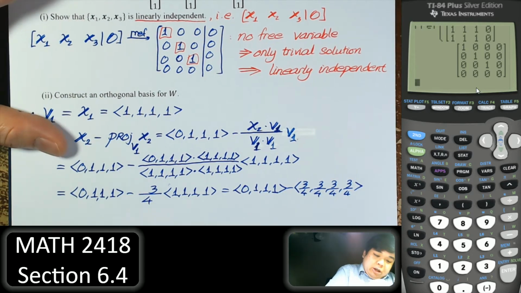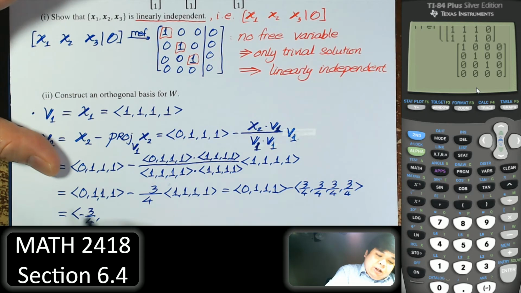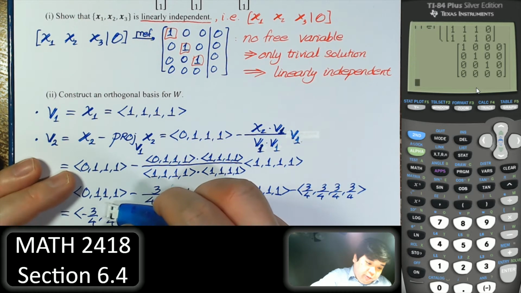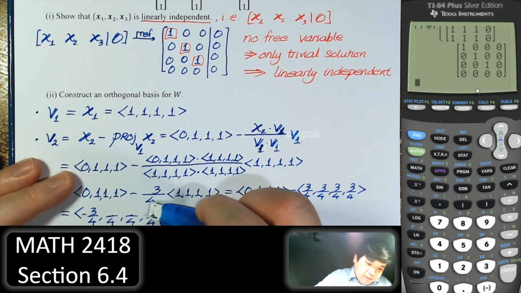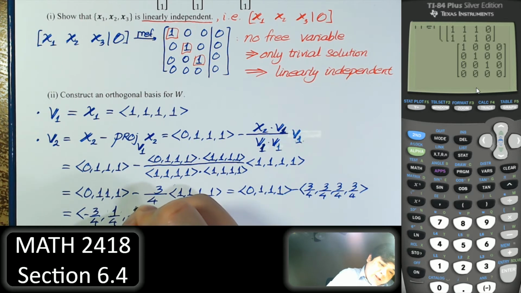That will be negative 3/4, and then 1 minus 3/4 is 1/4, so 1/4 1/4 1/4. That is v2.